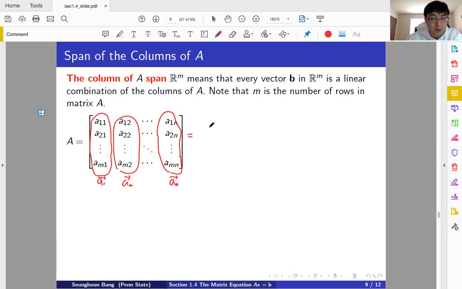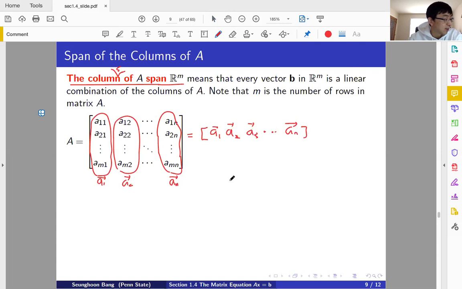So we can write the matrix as vector A1, vector A2, vector A3, keep going, vector An. What does it mean? The columns of A span Rm.